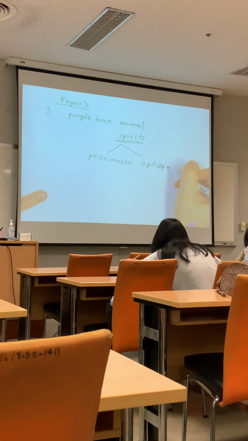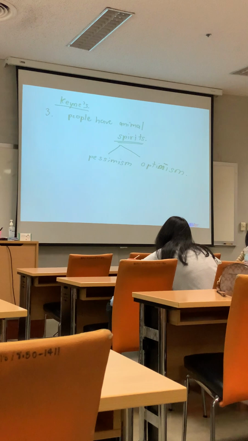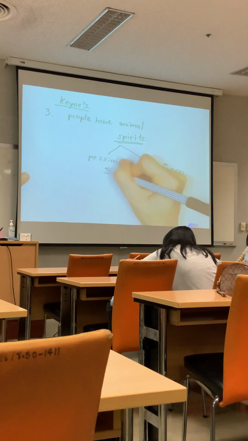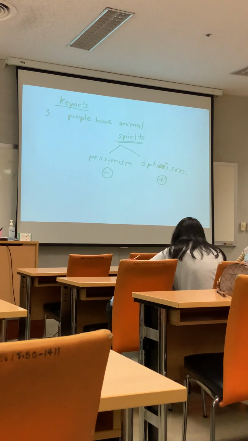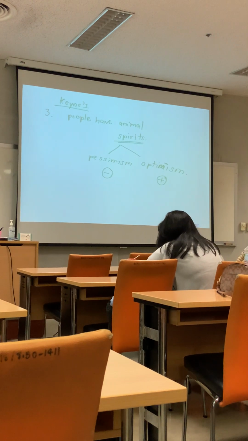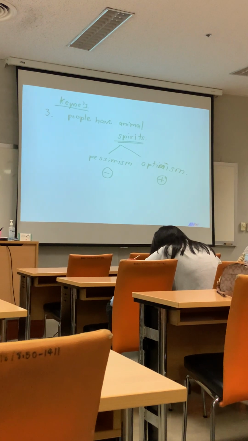Oh, sorry, pessimism and optimism. I'm still confused between these two words. When we think with pessimism, it means you believe in something in the negative aspect; you are thinking negatively.